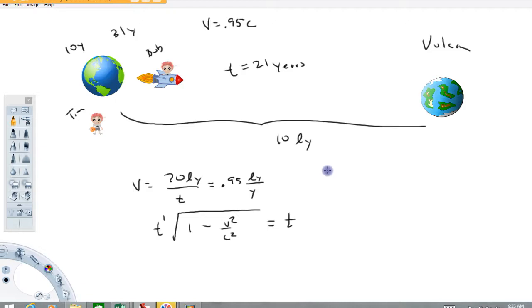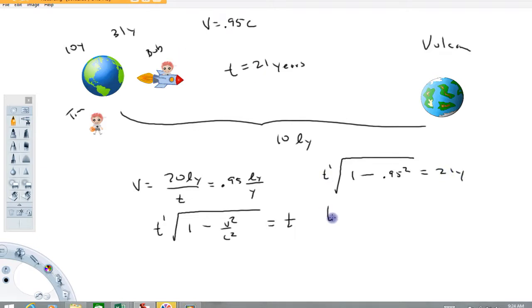Putting in values here, we're going to have t prime times the square root of 1 minus, v is 95% the speed of light, so let's just call that 0.95 c, and then squared. Now by the time you put 0.95 c here, the c's are going to cancel. We're just going to end up with 0.95 squared on the right hand side, is equal to t, the time observed by Bob, which remember was 21 years.